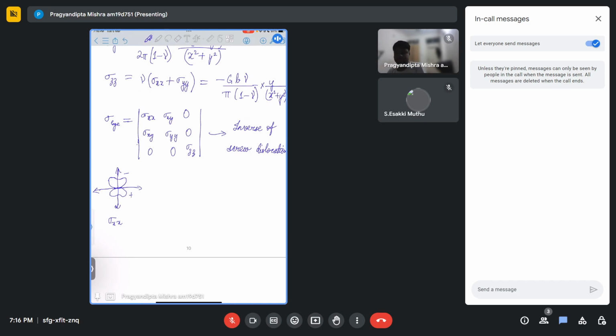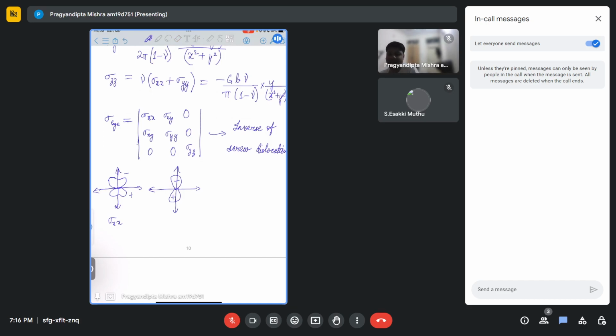This is negative, this is positive. Now sigma yy will look a little bit different. It will not be like xx. So we will have a big region here and another big one here. This one is positive. The top dome is negative, the bottom dome is positive.